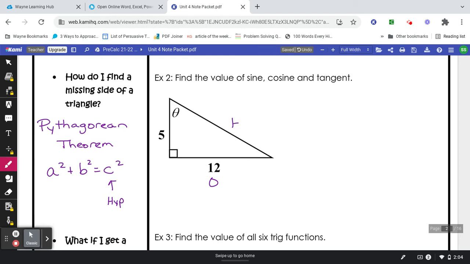The hypotenuse is the missing side, and the 5 is the adjacent. So we can put the 5 and the 12 in for the A and the B in any order that you choose. And the C, the H, is what I don't know. We'll solve this out.